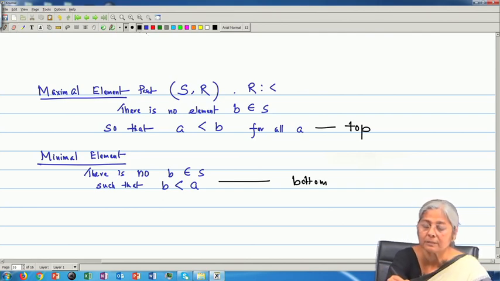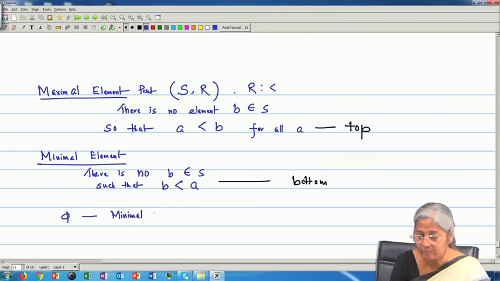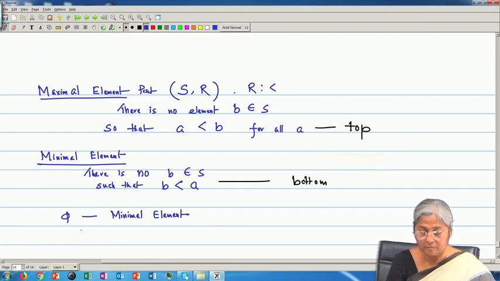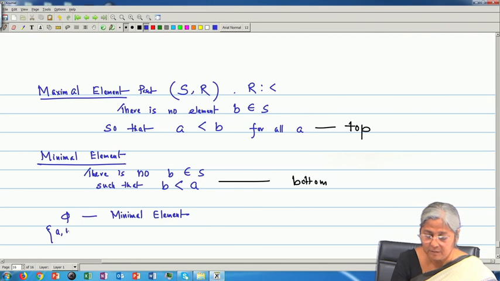For the previous example, phi, the null set, is my minimal element, and the subset ABC is my maximal element.